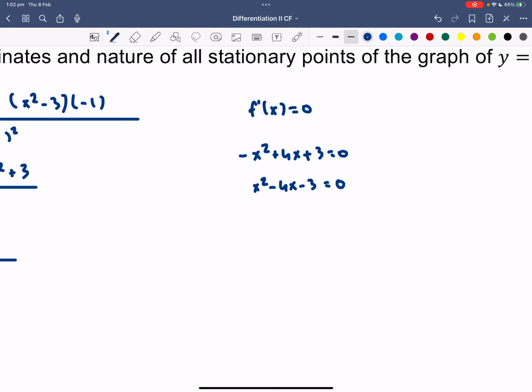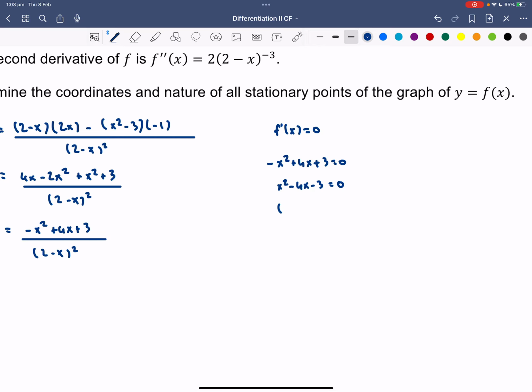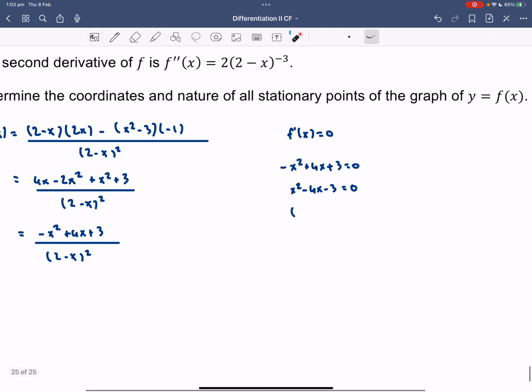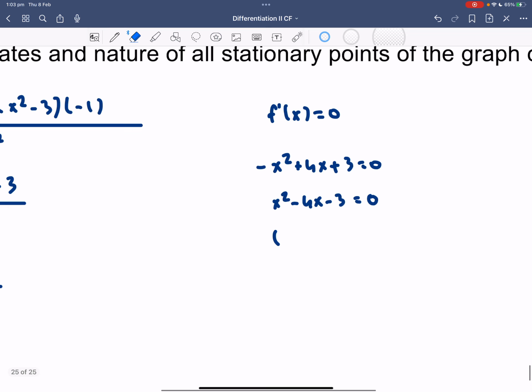And this is a quadratic. So what numbers multiply to give minus 3 but add to give minus 4? Let me make sure I've done that right. 4x take 2x squared, yes. Oh, whoops. Minus becomes a plus, but this is still x squared plus 3. How do I know I made a mistake? I realized that I can't factorize this properly.